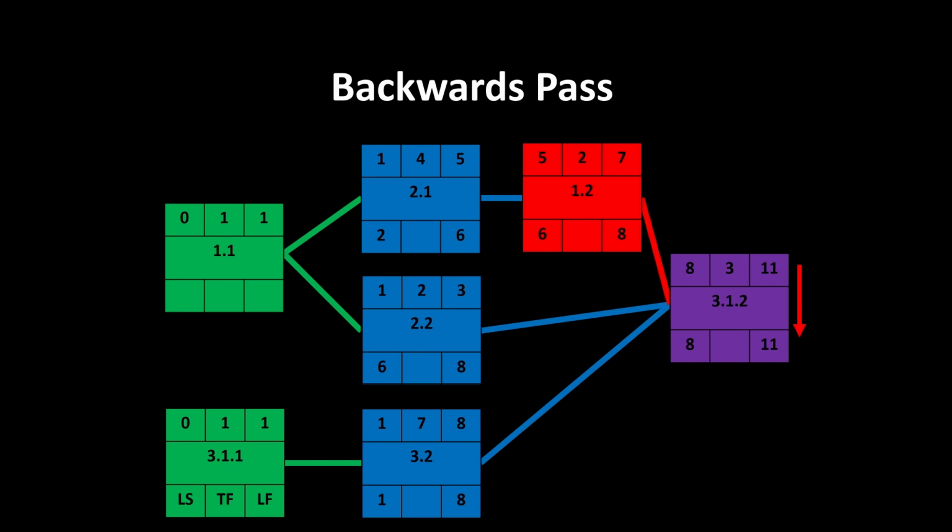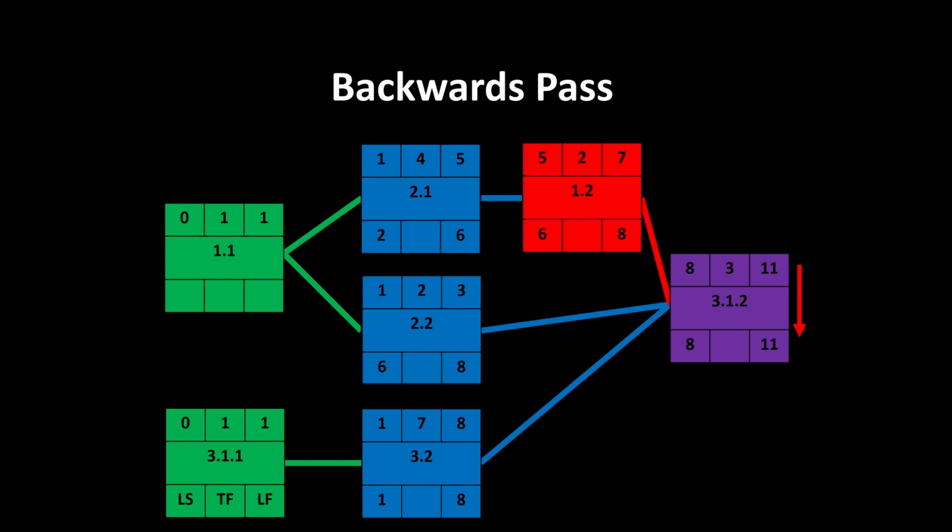So from the top we've got 6 minus 4 duration gives us a latest start of 2. In that middle blue one we've got 8 minus 2, the latest start is 6. And at the bottom one we've got 8 minus 7 duration, the latest start is 1.